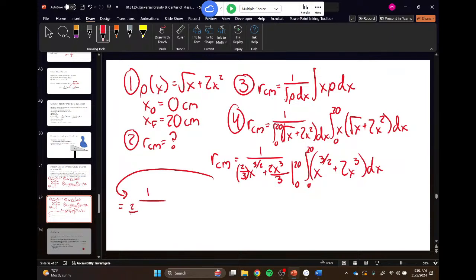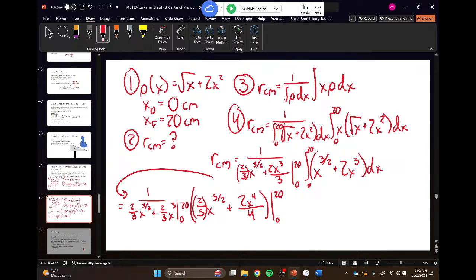One over 2/3 x to the 3/2 plus 2 over 3 x cubed, evaluated from 0 to 20, times x to the 5/2, and I need a 2/5 in front to cancel that out, plus 2x to the 4th, and I divided by 4 to cancel that out. Everything's evaluated from 0 to 20.